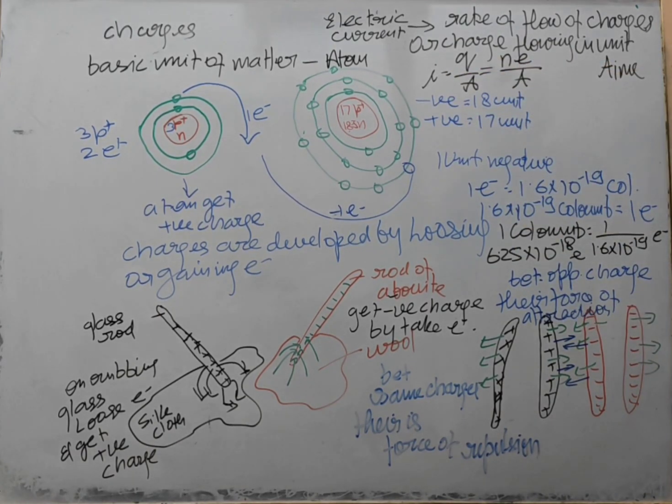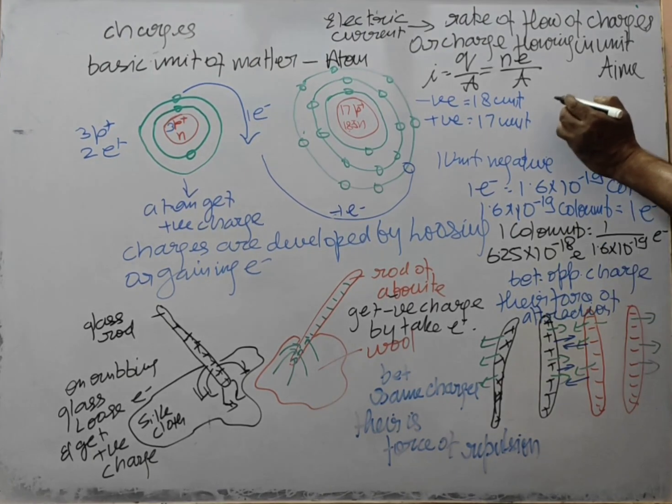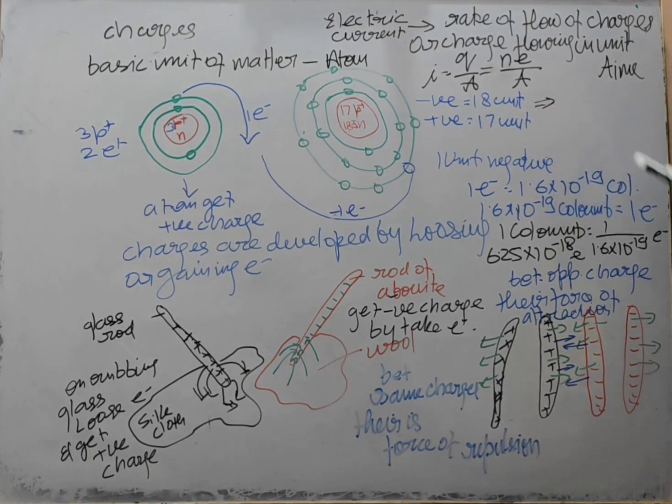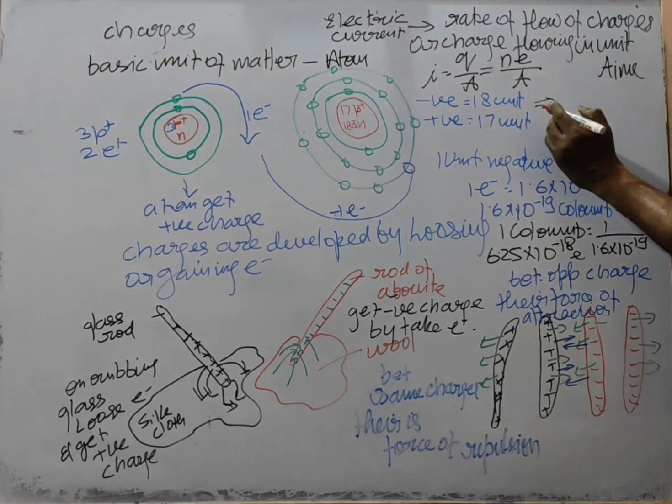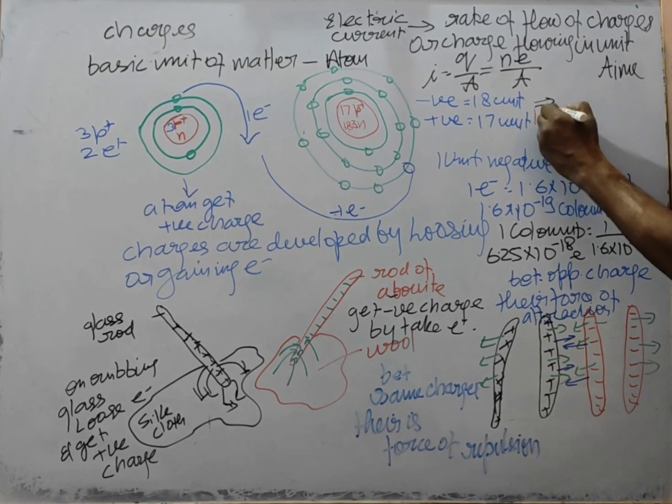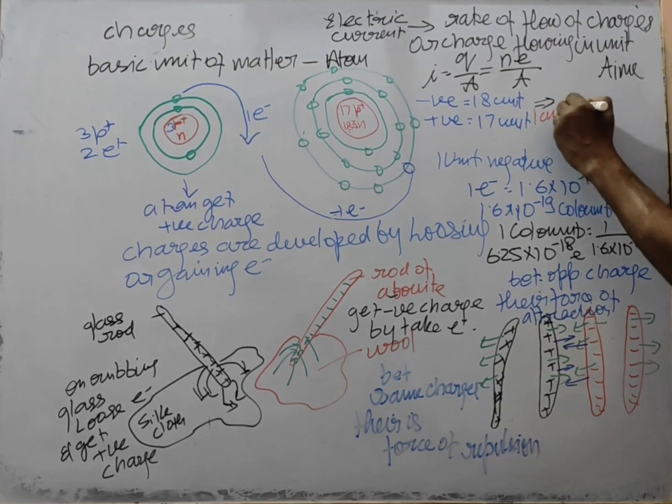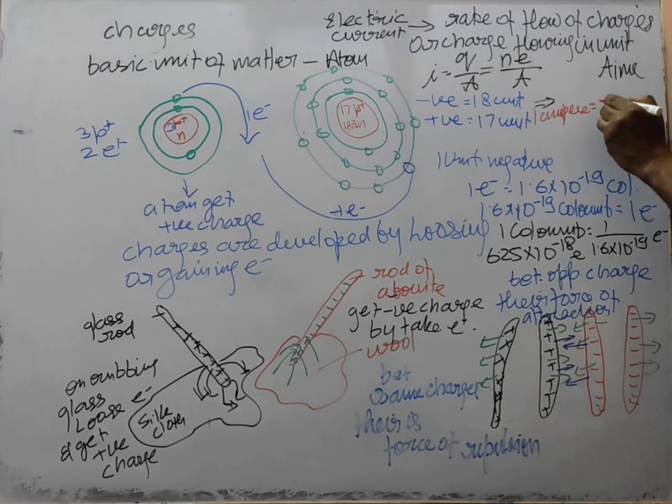The SI unit of current is ampere. So 1 ampere is equal to 1 coulomb per second.